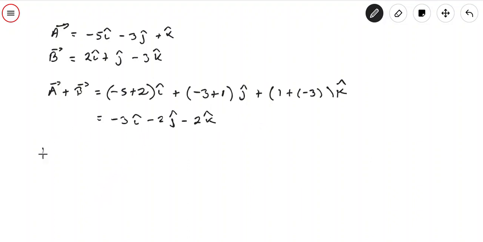If I have to find the difference between vector a and vector b, I will find vector a minus vector b. What I'm going to do is find the difference between the corresponding components. So I'm going to have negative 5 minus 2, because we're subtracting the i component of vector b from a, i, plus, and then the same with j: negative 3 minus 1 j.